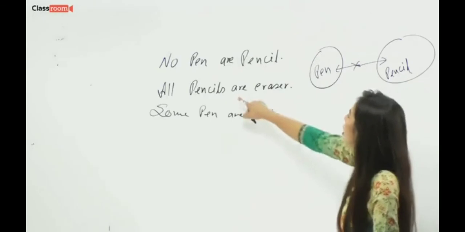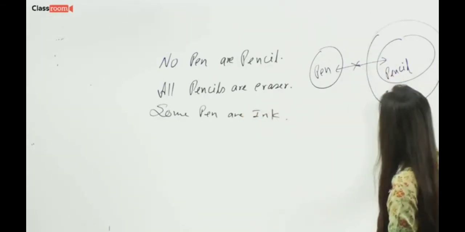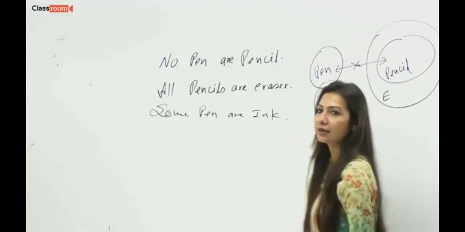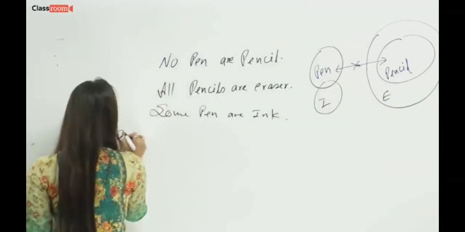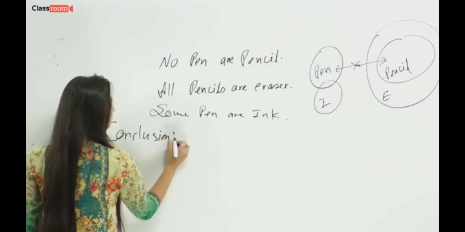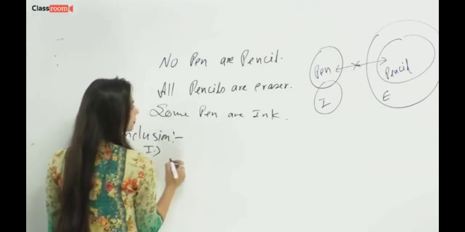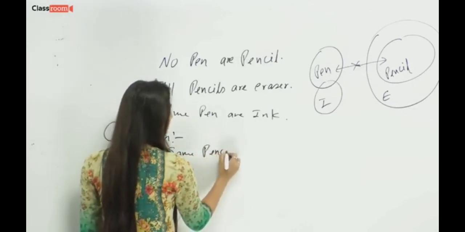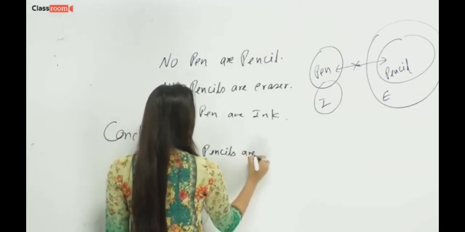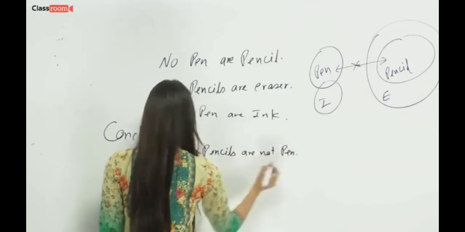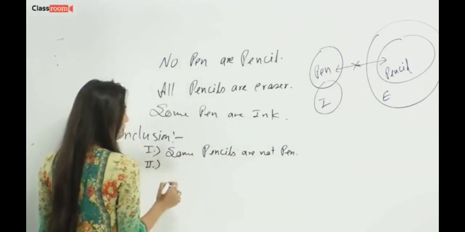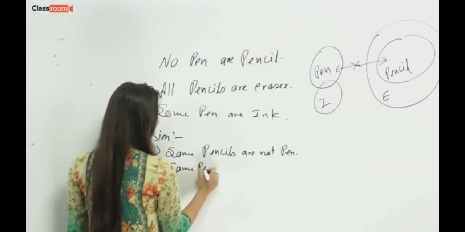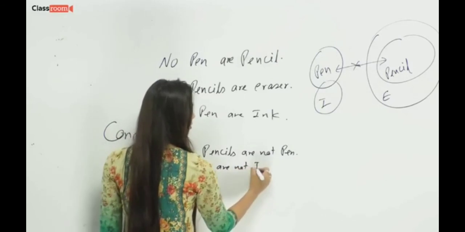The second one is all pencils are eraser. So outside pencil, you will write eraser. And then some pen are ink. This is the conversion. Now, the confusion part. The first one: some pencils are not pen. Second one is some pen are not ink.